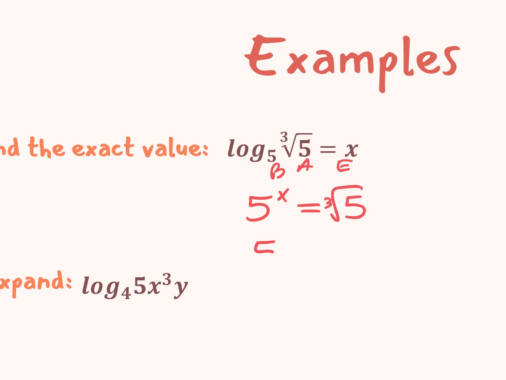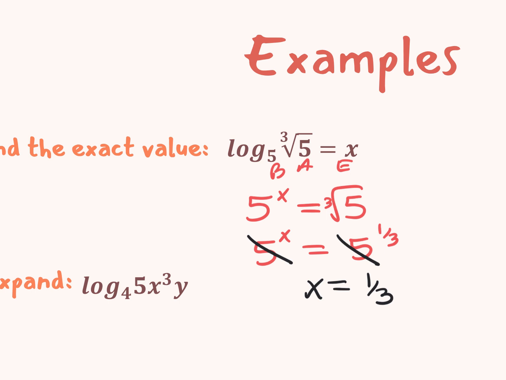Change it so that they have the same base, so we can do the 1-to-1 property. So this would become 5 to the 1/3 power. Now that the bases are the same, then we have x equals 1/3. So this was just finding the exact value, just doing what we had done before.